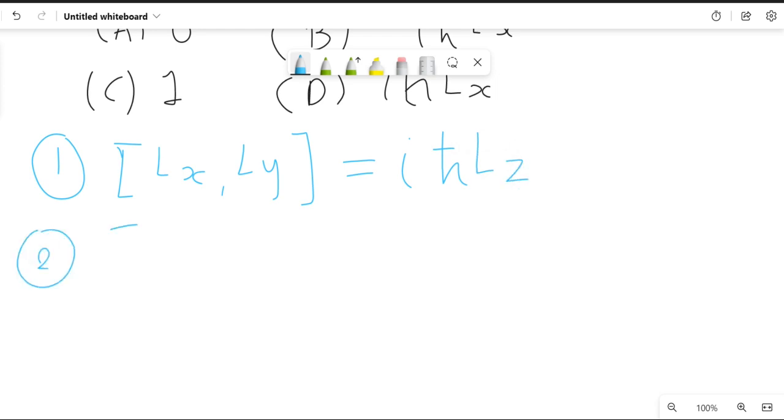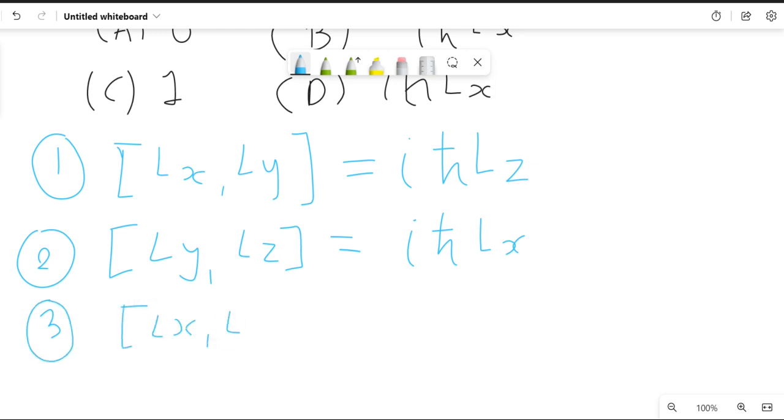Second, the commutation relation of Ly, Lz gives i h cut Lx. And third, Lz, Lx gives i h cut Ly. Here I made a mistake, it is Lz, Lx. Please remember this formula.